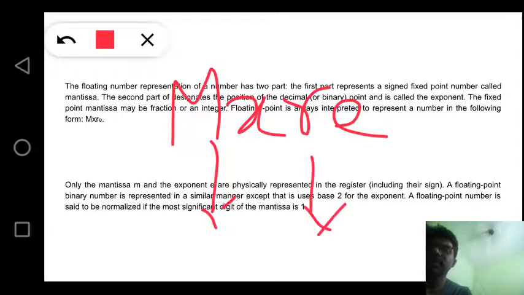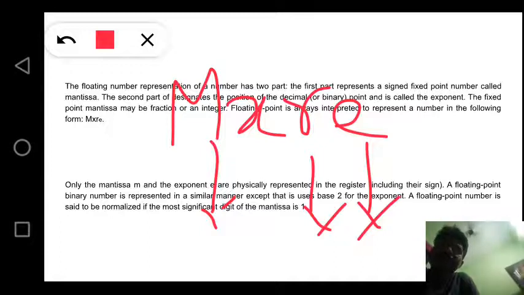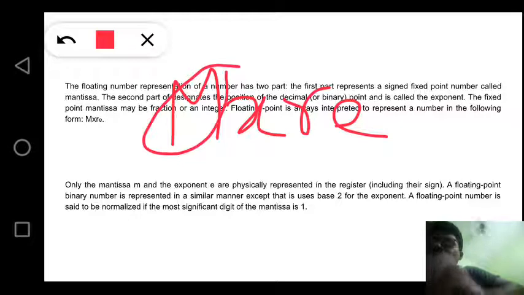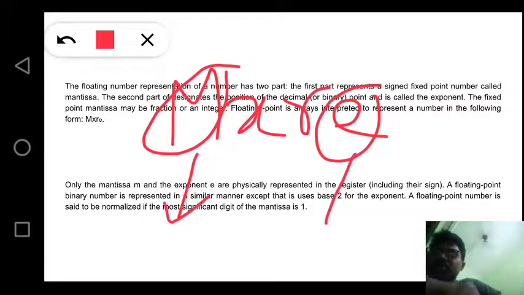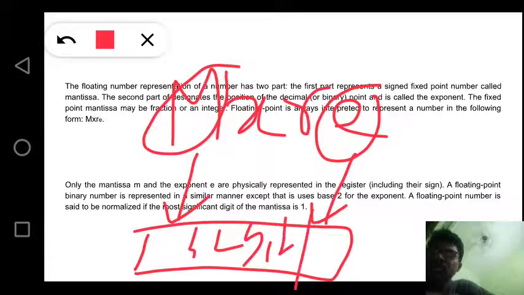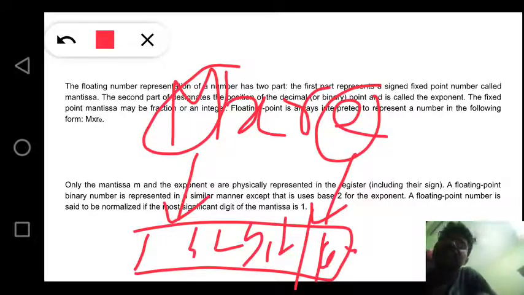Mantissa, radix, exponent. Only the mantissa M and exponent E are physically represented in the register. So out of these, only mantissa and exponent are represented in a 32-bit or 64-bit register, including their sign. A floating point binary number is represented in a similar manner, except that it uses base 2 for the exponent.